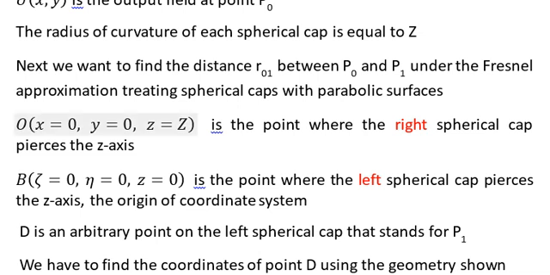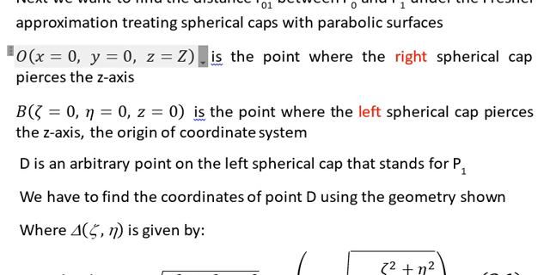Capital O at x0, y0, z equal to capital Z is the point where the right spherical cap pierces the z axis. And we have written this coordinate with respect to the origin, which is point B on the left, where zeta is equal to 0, eta is equal to 0, z is equal to 0, the point on the left spherical cap piercing the z axis, the origin of the coordinate system.